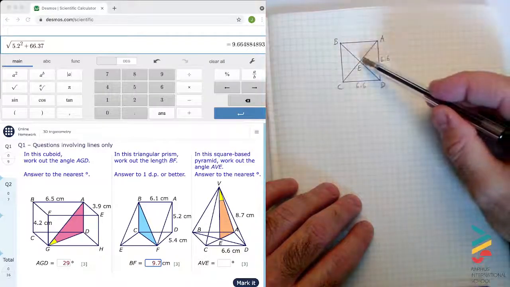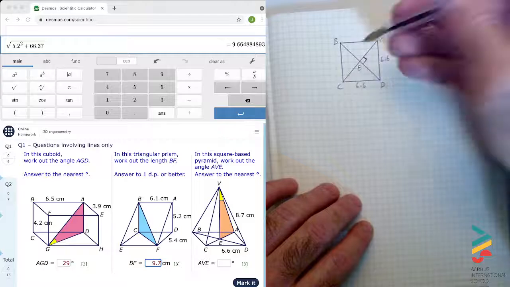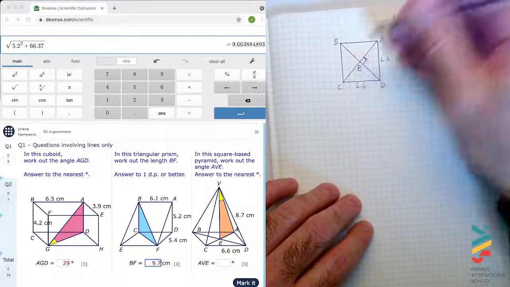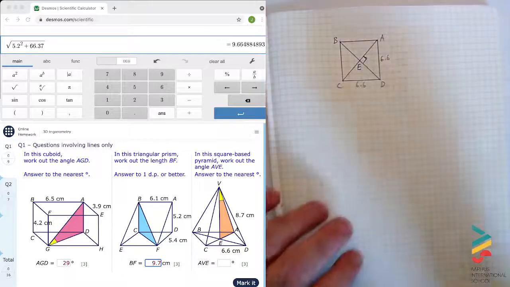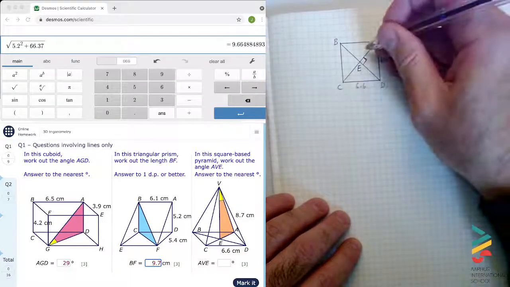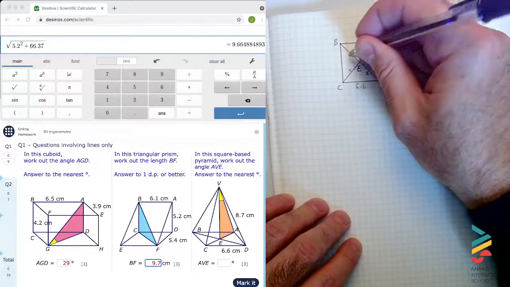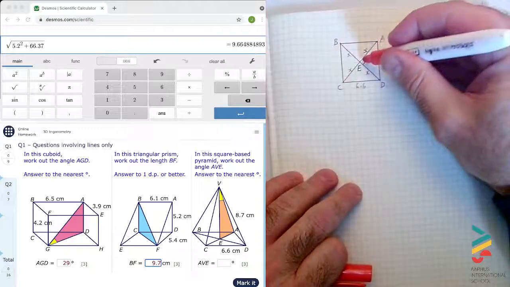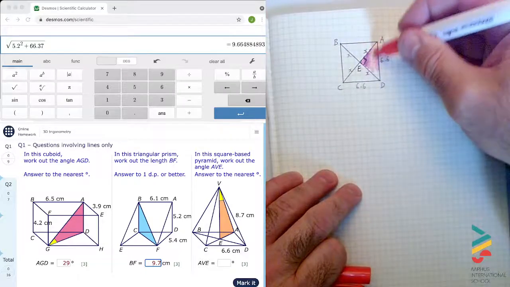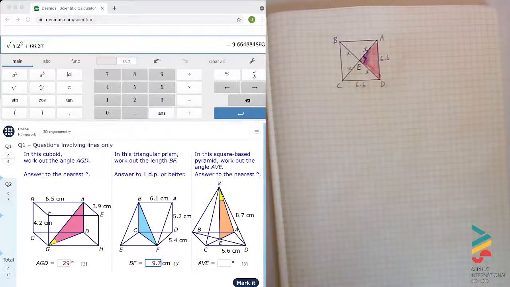So it would be good if I could figure out what each of these 4 short lengths are, because one of those is the base of the orange triangle that we're trying to figure out something in. So if we call them all X, and then if I just look at one of these triangles, that one for example, it's right angled.